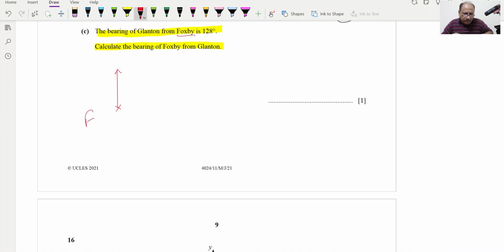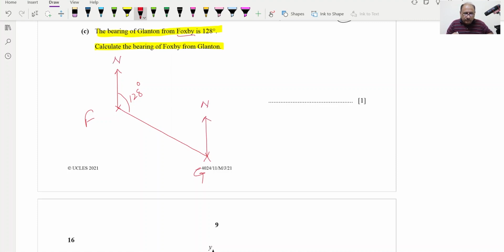So I will write F for Fox Bay, and 128 is over here. This is the 128 bearing of this one, and from here we can draw north over here. This will be north, and this will be north.